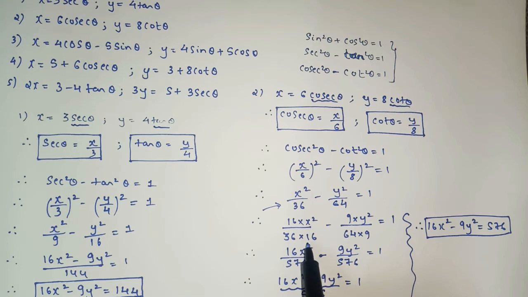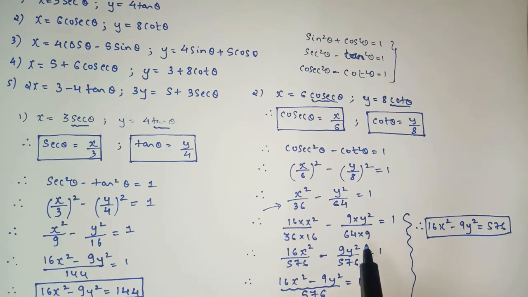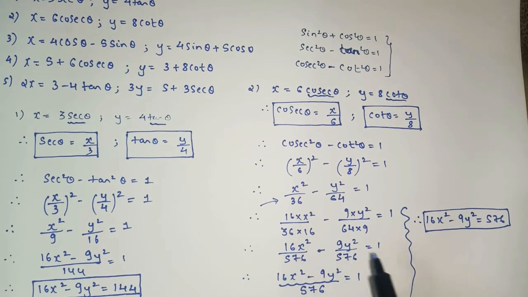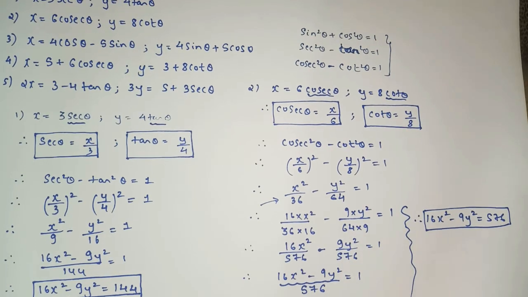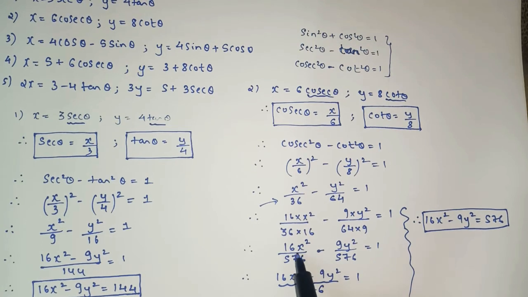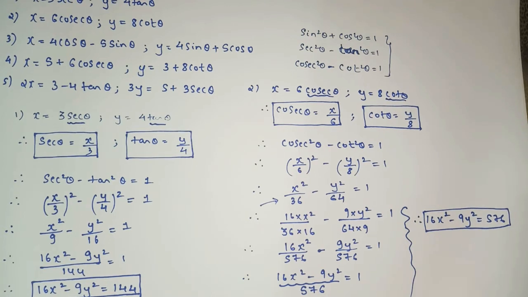For the first part I multiply and divide by 16, and for this part I multiply numerator and denominator by 9. 36 sixteens give 576, and 64 nines again give 576. As the denominator is the same, we write it one time, and in the numerator you get 16x square minus 9y square, and you get the required answer. So in this way you have to present your sum.